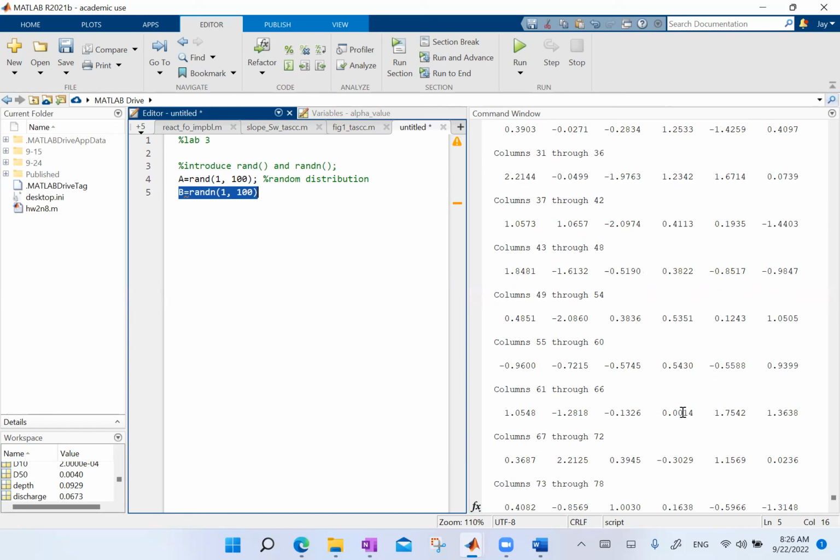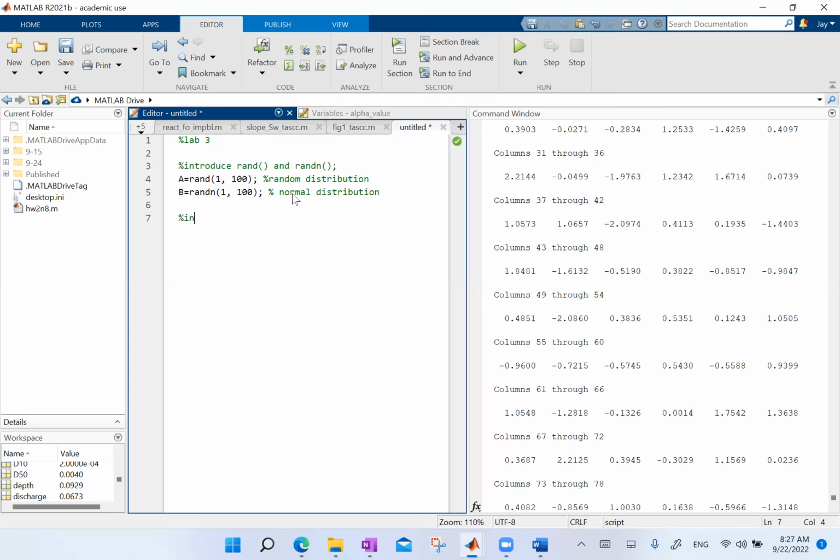So you get values distributed on the positive and negative x-axis, but more values are concentrated towards the origin, x equals 0 in this case. So this is a normal distribution. In this example, we're going to end up using both rand and randn at different places. So that's the first part.